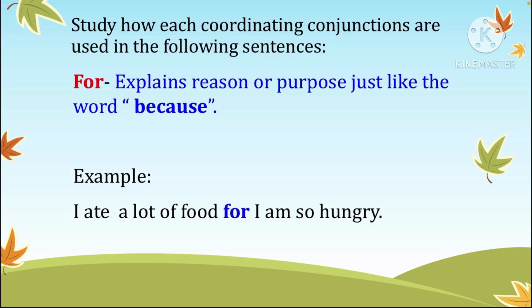Our coordinating conjunction is for. And our two independent clauses are I ate a lot of food and I am so hungry. So these are two independent clauses that we combine together using the conjunction for.